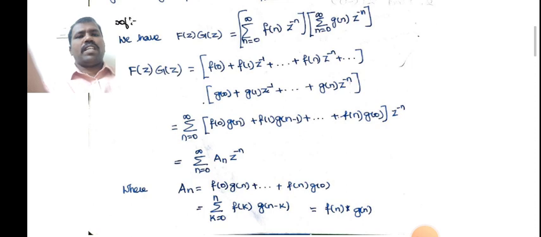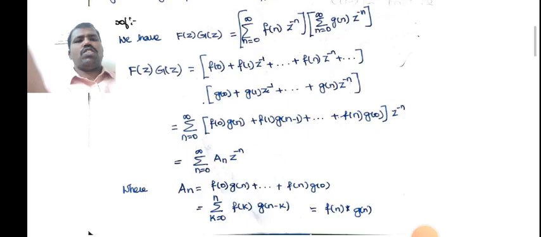Therefore, summation n equal to 0 to infinity of f of 0 into g of n plus f of 1 into g of n minus 1 plus etc. plus f of n into g of 0, into z power minus n.